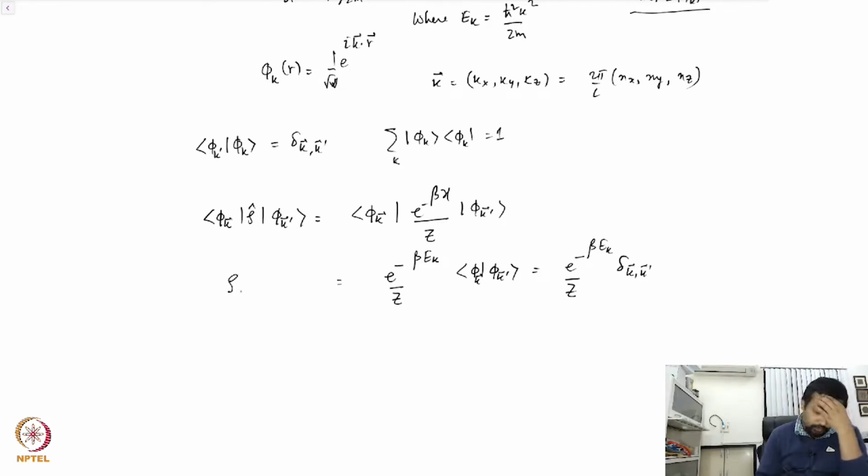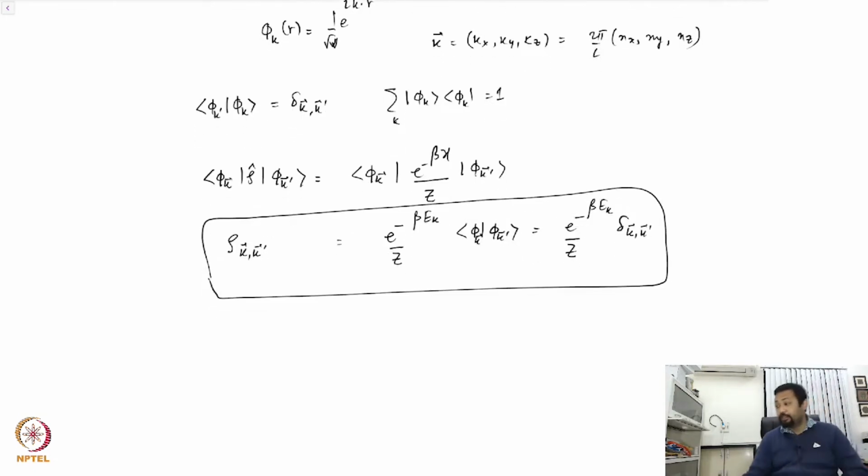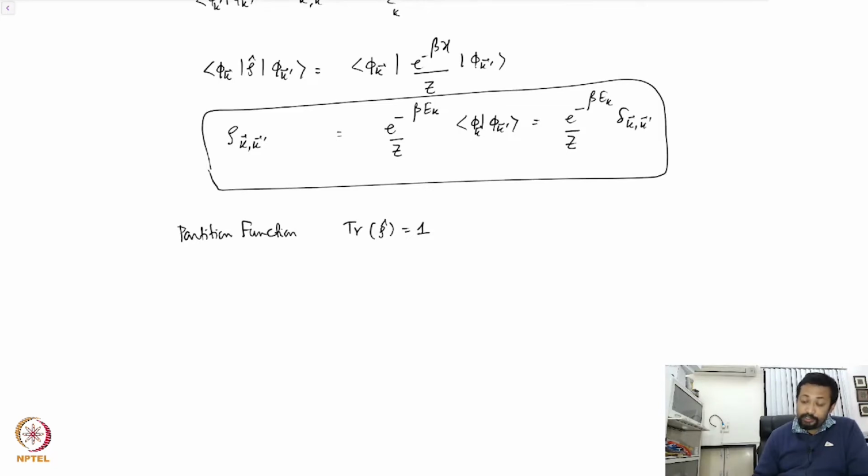So rho is diagonal in this energy representation, which is not very surprising. Therefore, the partition function follows from trace of rho equal to 1, that's the normalization condition.